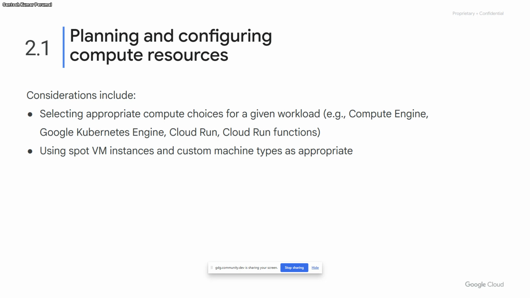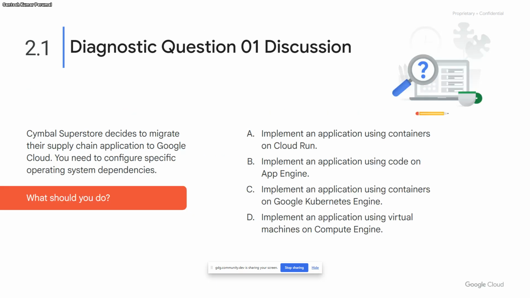You configure based on your workload or your schedule, and that way the cost is much lower compared to having the server running all the time. So let's look at some diagnostic questions. Symbol Superstore decides to migrate their supply chain application to Google Cloud.